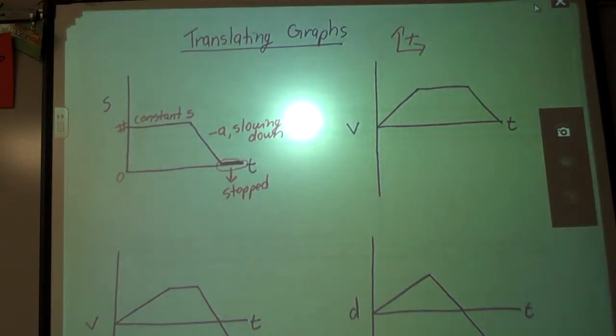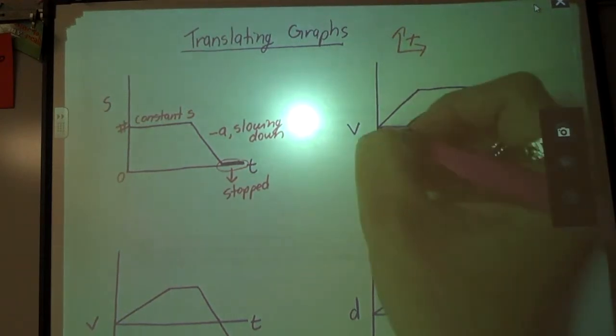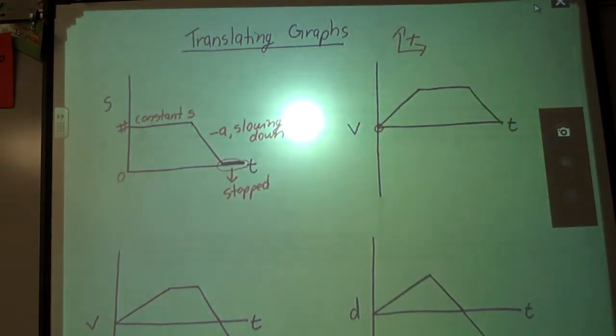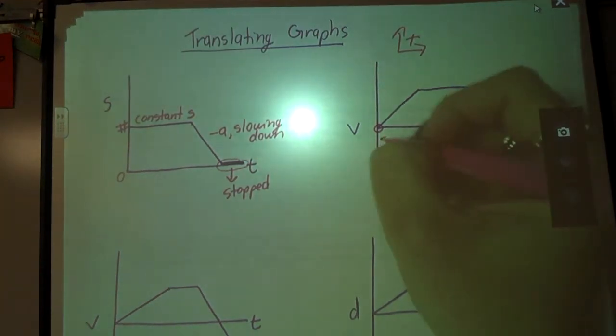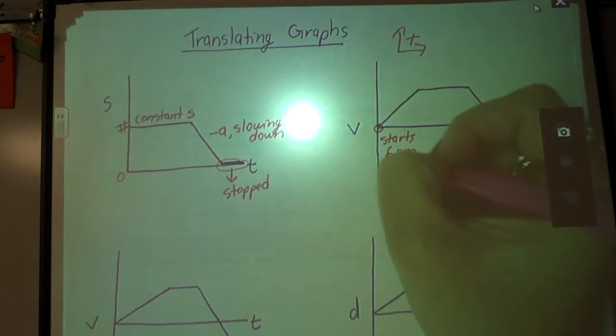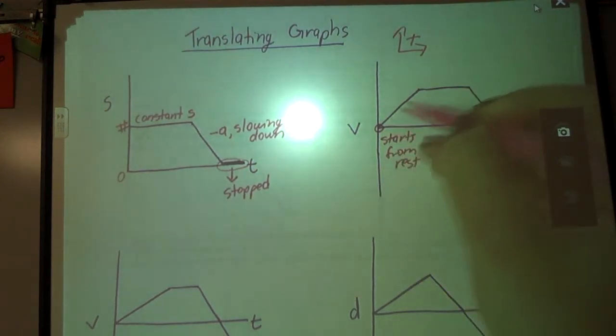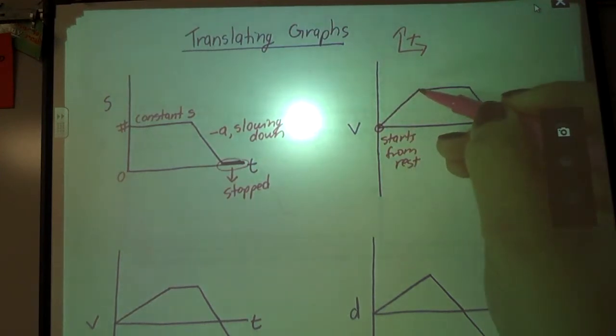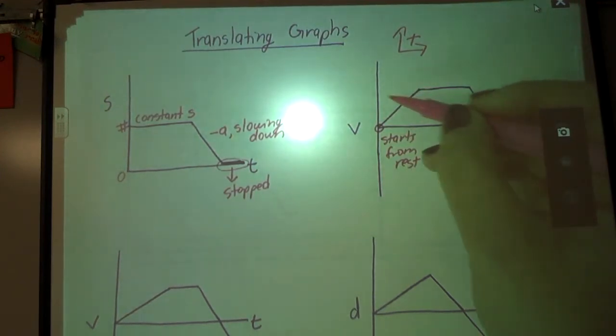So again, describing the motion of this object. This object starts from zero. It starts from rest. Then it accelerates. This is a positive velocity. This is a positive slope to this line. Y over x, change in y over change in x.